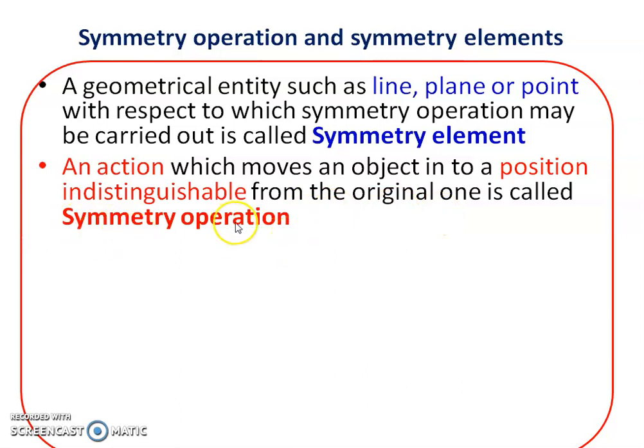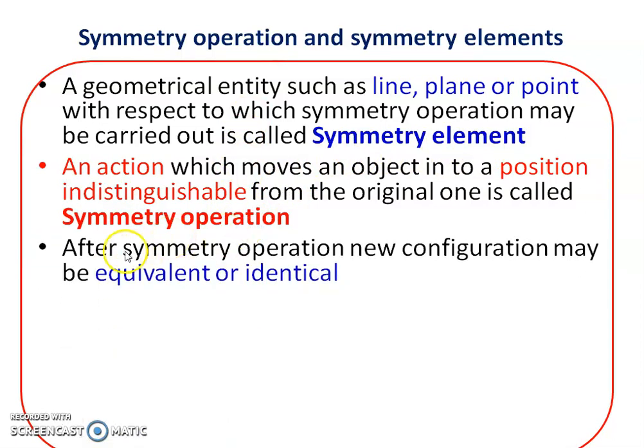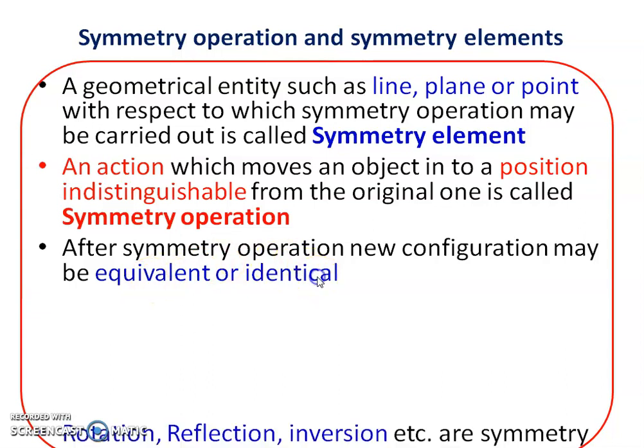Again, these two definitions are very important: what is symmetry element and symmetry operation? After symmetry operation, the resulting configuration may be equivalent or identical. So it should be either equivalent or identical.